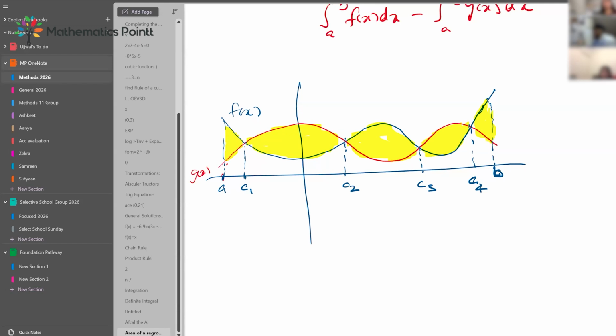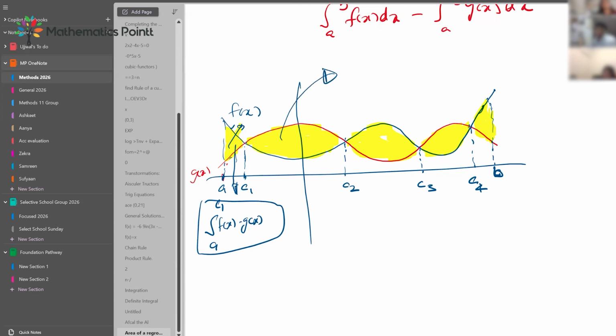Okay, so now let's look at the first region, from A to C1. One sits on top of the other: f of x is sitting over g of x. So my area for this region is going to be f of x take away g of x between A and C1.